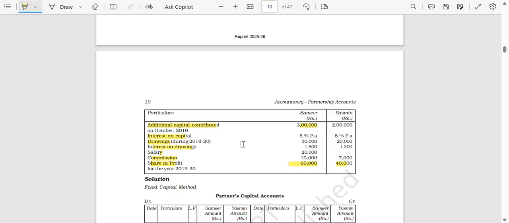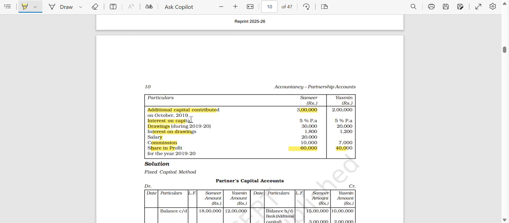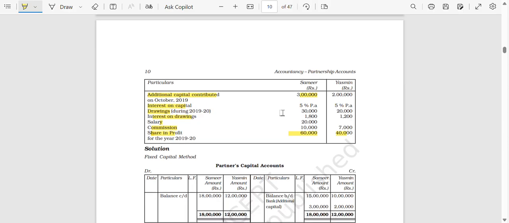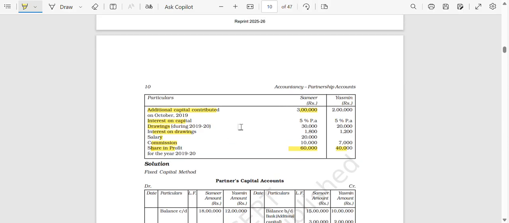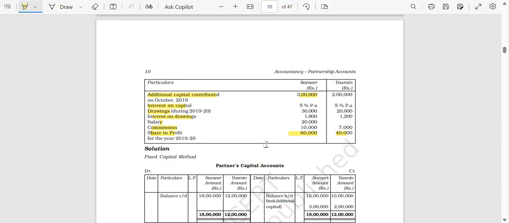Interest on drawings will not be part of the capital account, because only additional capital and withdrawal of the capital will be coming in the capital account.